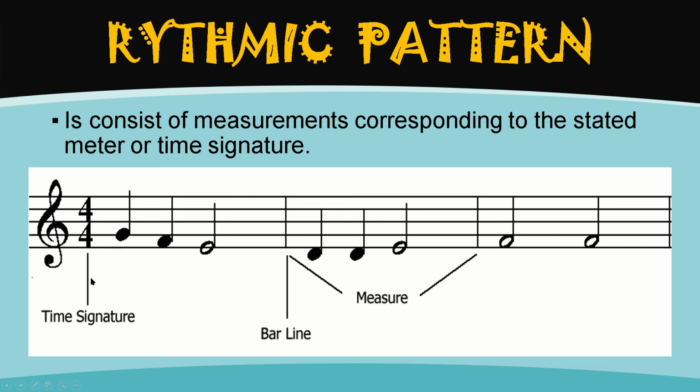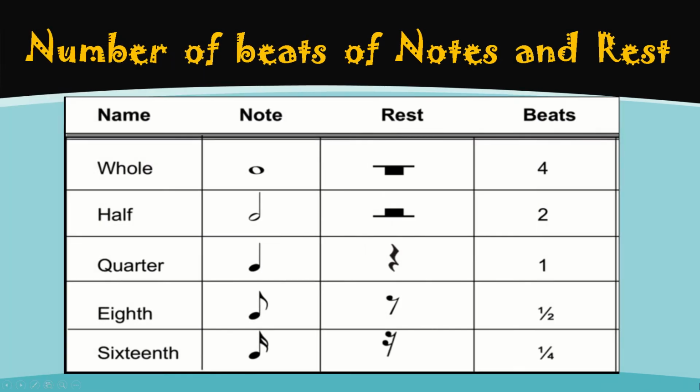Alright, before we read and clap each of the rhythmic patterns with different time signatures, let's have a recap on the number of beats of each note and rest. So here are the number of beats of notes and rests. You will see on this picture the different names of the notes and rests.